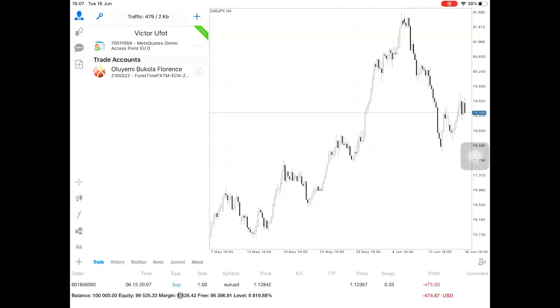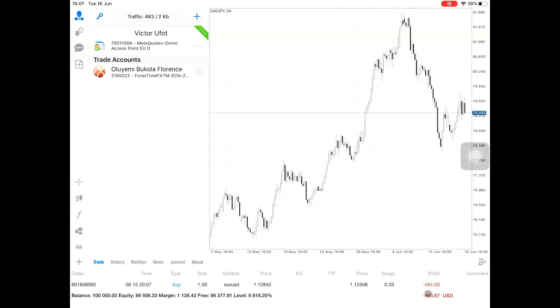Remember, 1128.42 has been set aside. You can't use it for anything else. You can only use the free margin to purchase more currency. When you make a profit, it is added to the free margin. When you make a loss, it is taken out of your free margin.